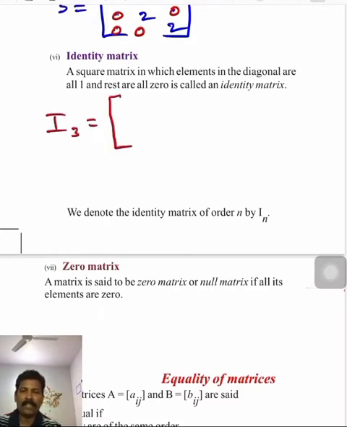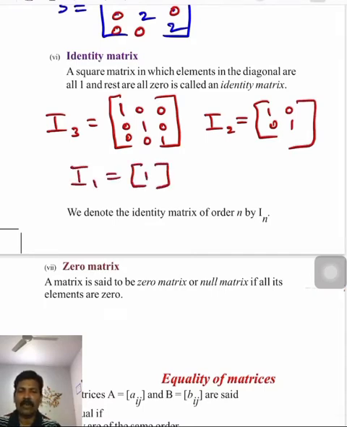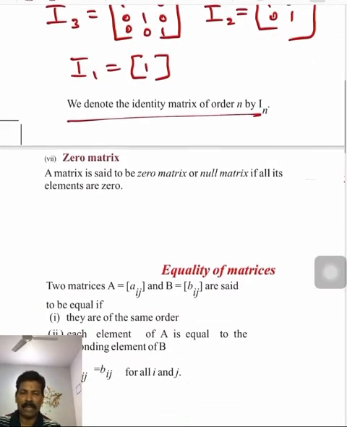We denote the identity matrix of order n by I_n. So I3 means the 3 by 3 identity matrix 1 0 0, 0 1 0, 0 0 1. I2 means 1 0, 0 1. And I1, can you guess I1? Only 1, the matrix [1]. So that is about the identity matrix.